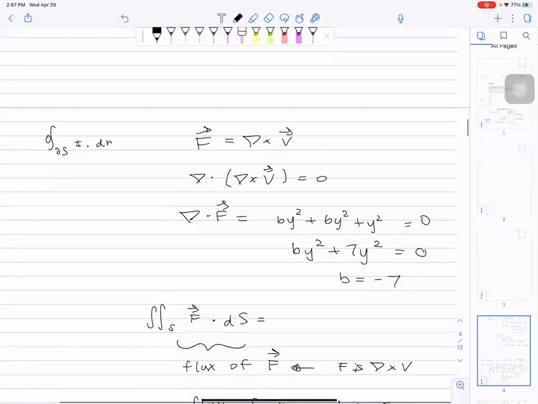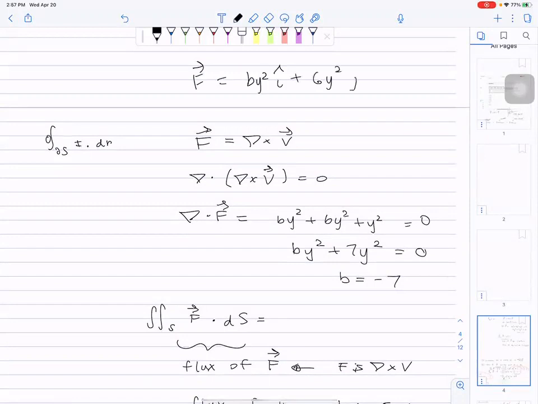F bar was Bxy squared i plus 2y cubed plus 3xz j plus y squared z plus 6 k.